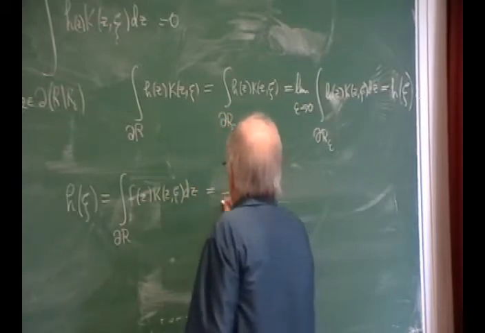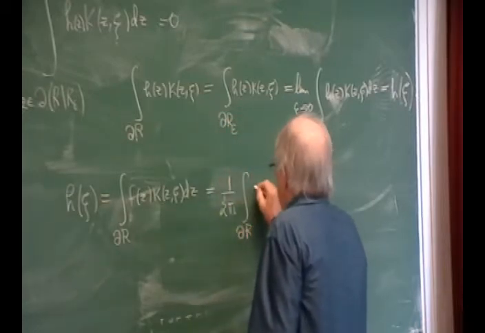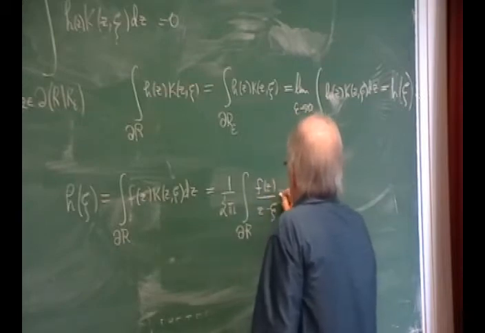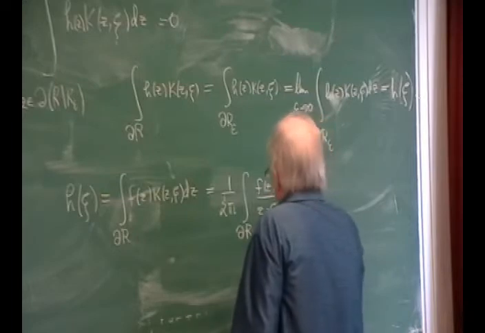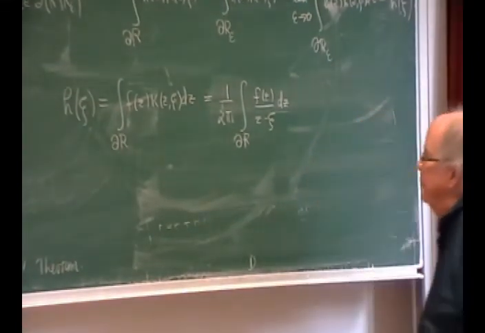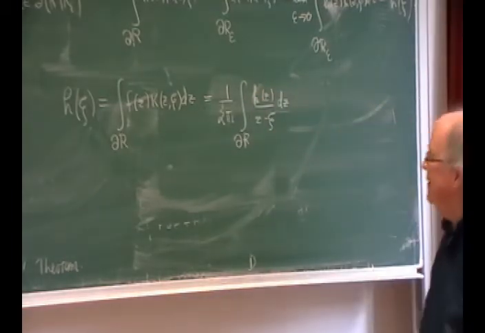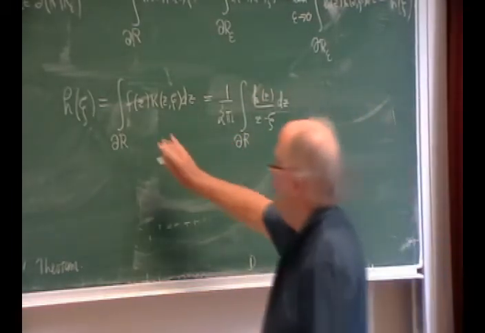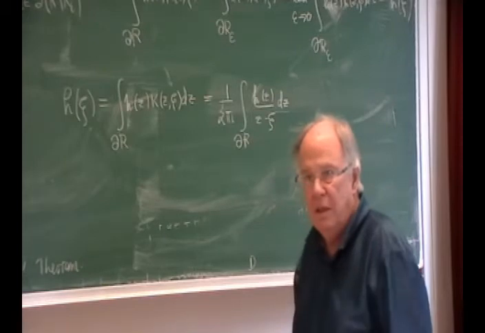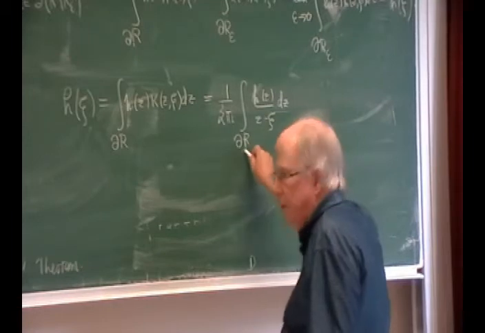Let's write it down: 1 over 2 pi i, integral around the boundary of R, f of z over z minus zeta dz. Thank you very much. I've got so many f's and z's. h for holomorphic, I'm sorry. That says that holomorphic functions can be represented by the Cauchy kernel as boundary integrals.